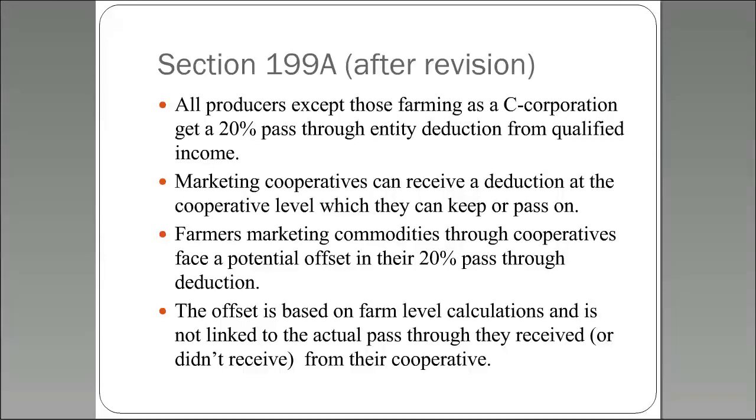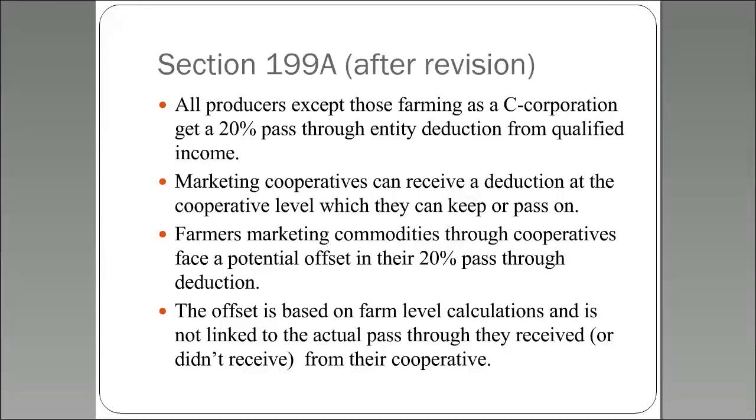Marketing cooperatives were given a deduction at the cooperative level, which they could keep or pass on, and so one of the things they said, we just want our old DPAD back, and so this was in some way some of that structure. But then they also said that farmers that are marketing through cooperatives have an offset, or a potential offset, in their 20% pass-through.